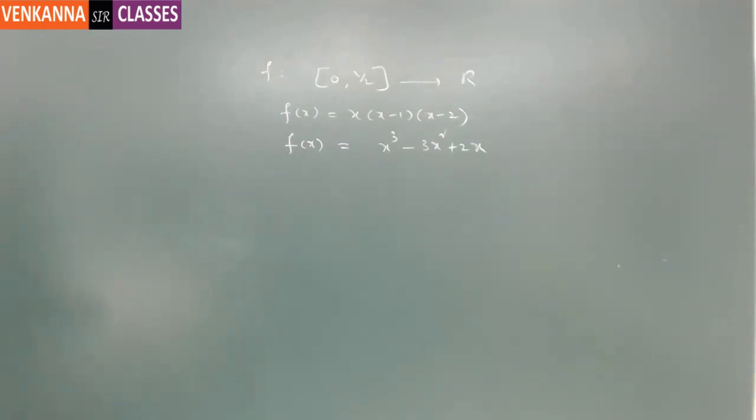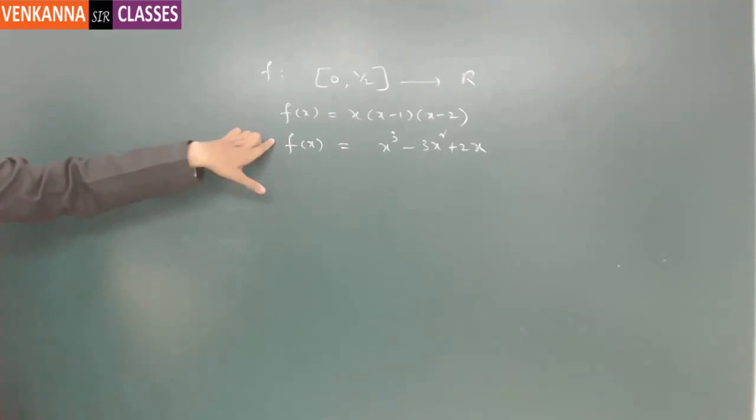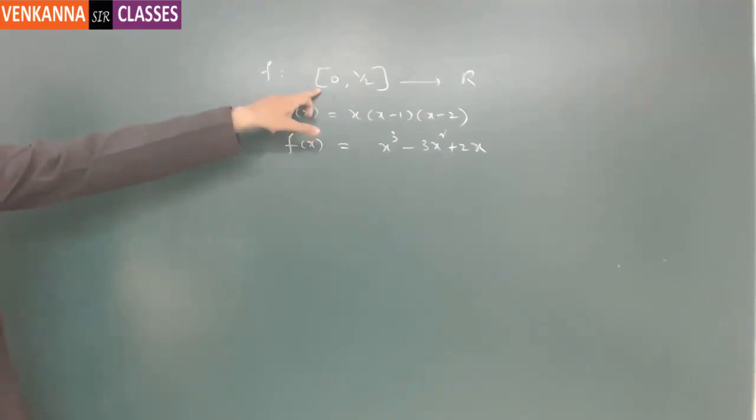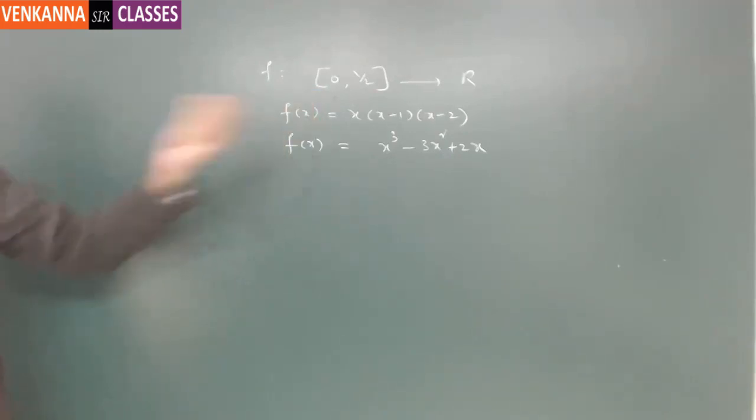Am I correct? Right. Since it is a polynomial, every polynomial is continuous. Hence, it is continuous on the real line. So, in particular, it is continuous on the given interval. In exam also, we write the same content.